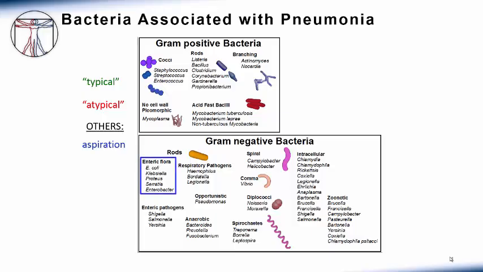Many other bacteria can cause pneumonia, including enteric flora associated with hospital-acquired pneumonia syndromes and aspiration, Pseudomonas seen in various obstructive lung diseases, and again, more resistant pathogens seen in hospitalized patients.